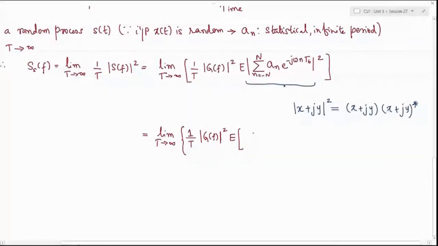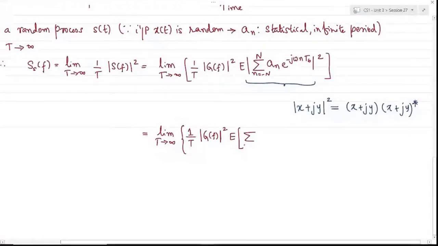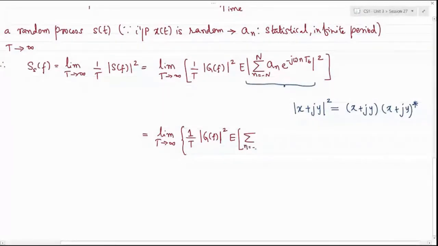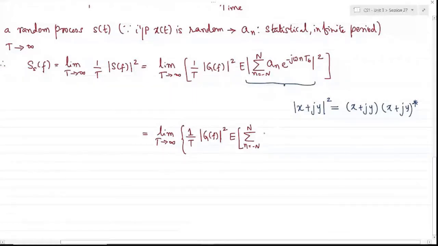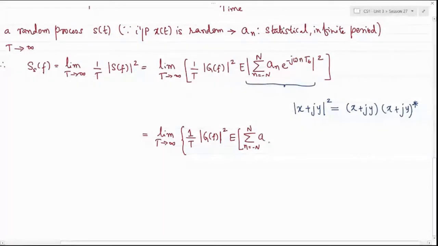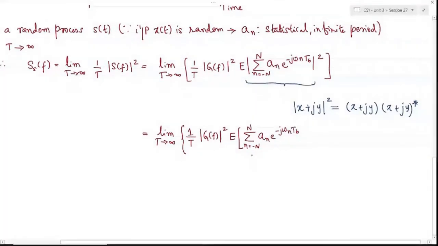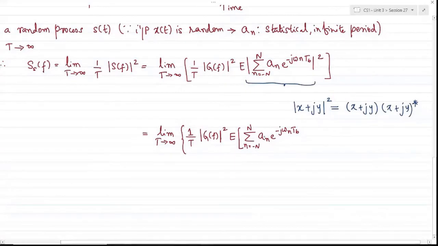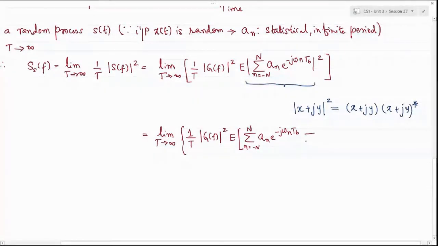One I'll take with the timestamp as small n, which is a_n e to the power minus j omega n T_b. So this is one term, as x plus jy is one term, into the conjugate of the same quantity, so into another summation.